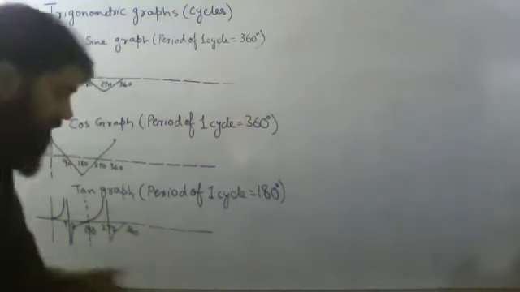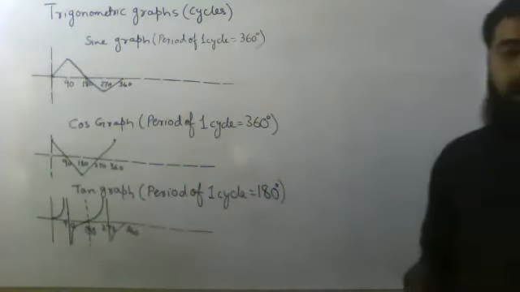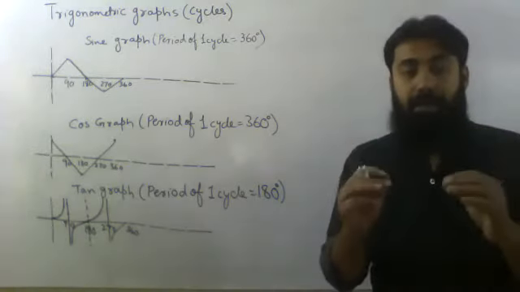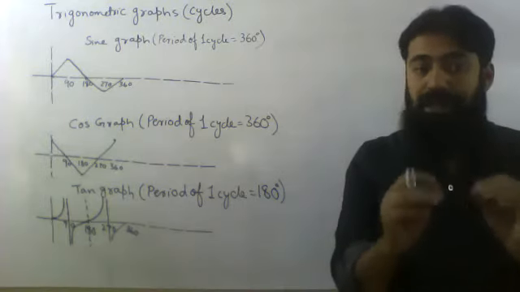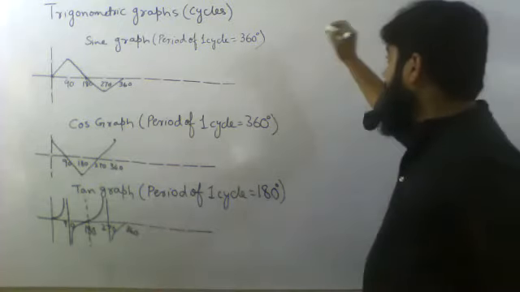Now, what will happen if I change the number of cycles? And which portion of the question will tell you that there is a change in the number of cycles?